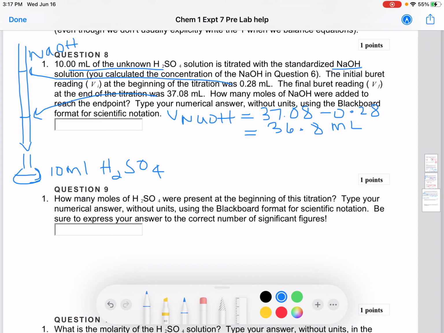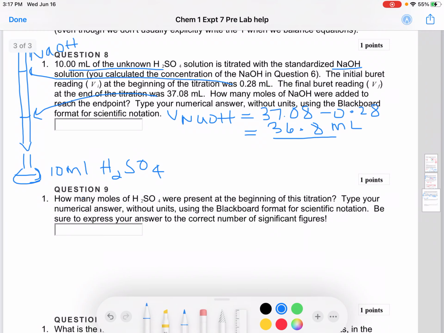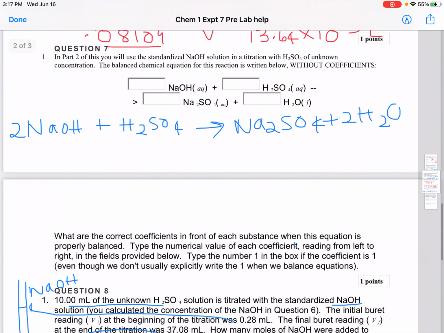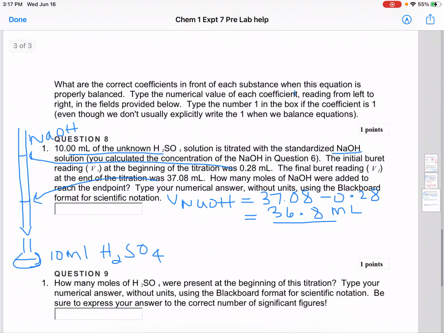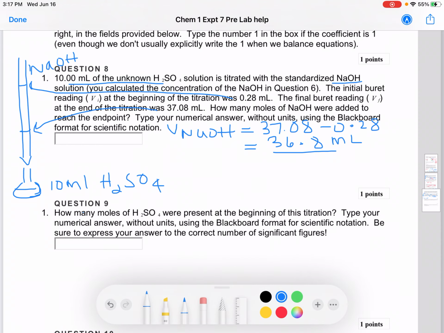How do you find the number of moles? We know the volume. Remember earlier we found the molarity of sodium hydroxide in question 6, 0.08109. So use that to calculate the number of moles of sodium hydroxide. The moles would be molarity times the volume.